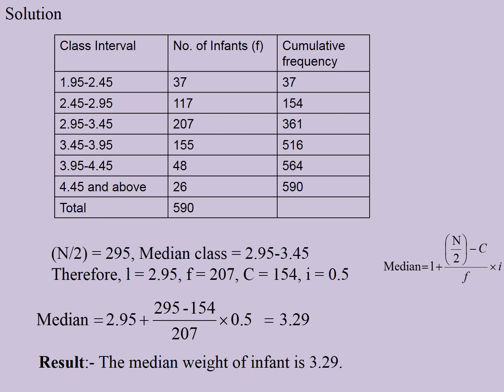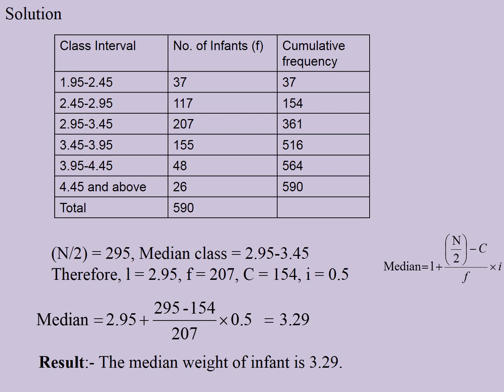You have to select the median class with the help of this n by 2 value. So here the n by 2 value is 295. So the median class is the one having a cumulative frequency equal to 295 or more than 295. You have to select that.